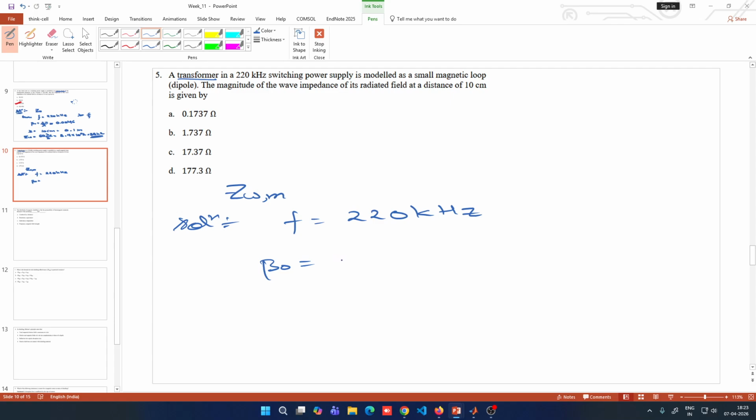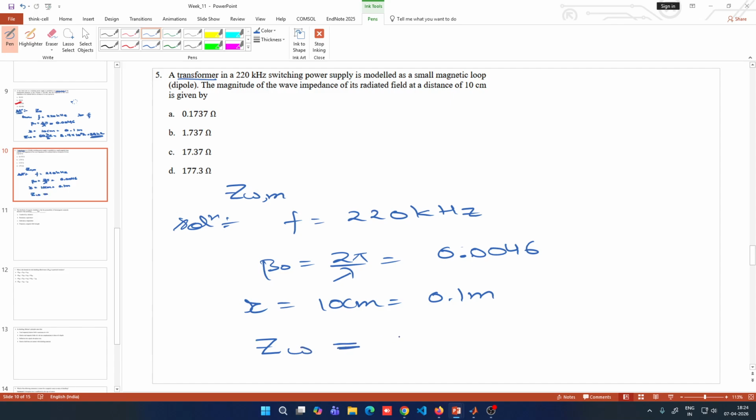I'm just writing it again here, as it comes out to be 0.0046, and the distance is 10 centimeters away, so it will be 0.1 meter. ZW, I'm directly writing the formula, which is 369 R by lambda naught.